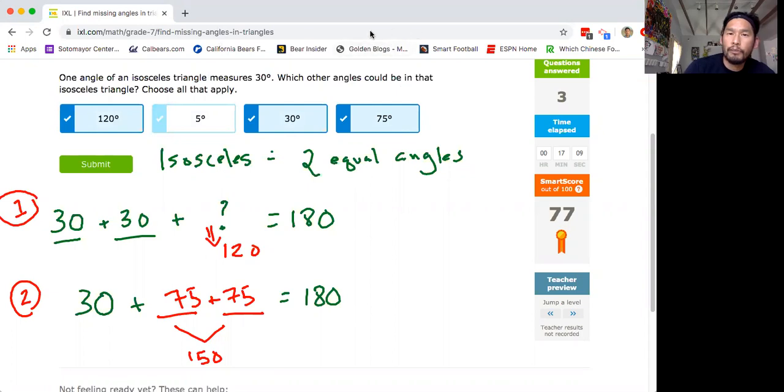So let me just draw a picture so we can solidify this. Scenario one, you're looking at a triangle that looks like this. A big, huge 120-degree angle. This is 120 degrees. And then these ones inside are 30 degrees each.